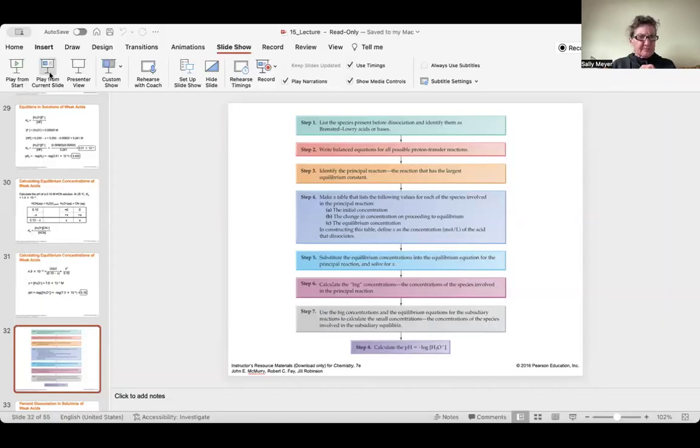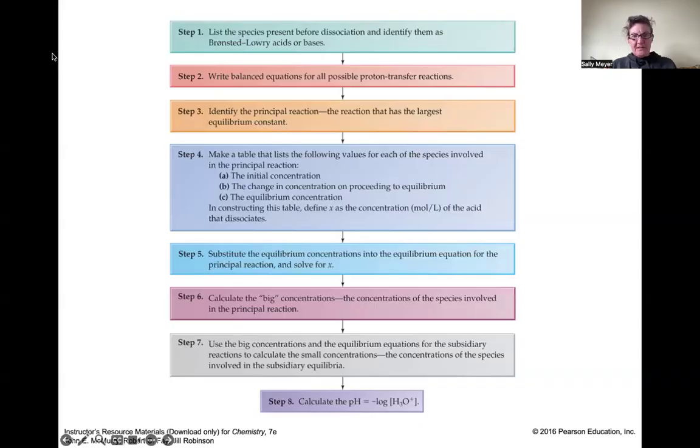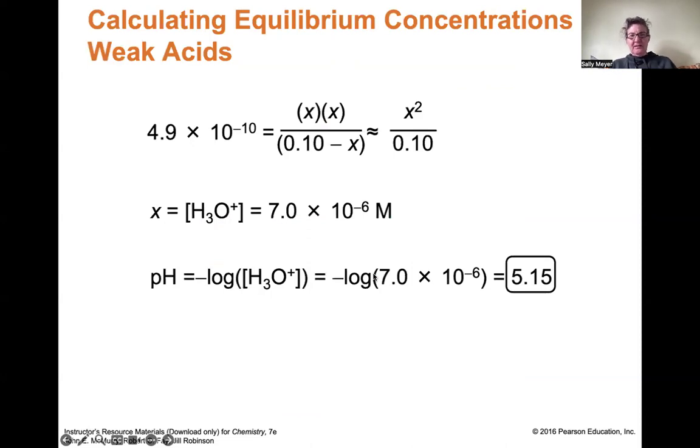We are going to continue talking about chapter 14, so continuing to talk about acids and bases and their equilibrium. Let me share the PowerPoint. So we ended, let's go back one slide, we ended calculating equilibrium concentrations for weak acids using the Ka.